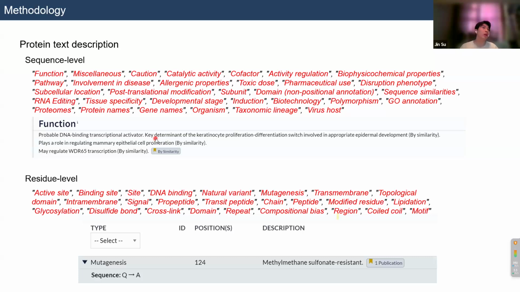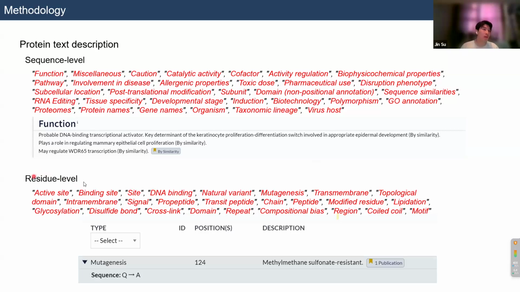So what are sequence level subsections? For example, here we choose the function subsection. You can see, in the UniProt web page, the function subsection contains several complete sentences to describe a protein's property. So this sentence can be directly used for pre-training, such as contrastive learning, because it's a complete sentence.